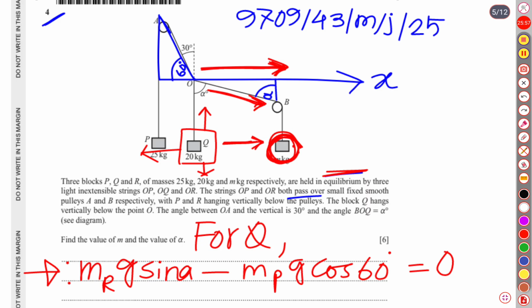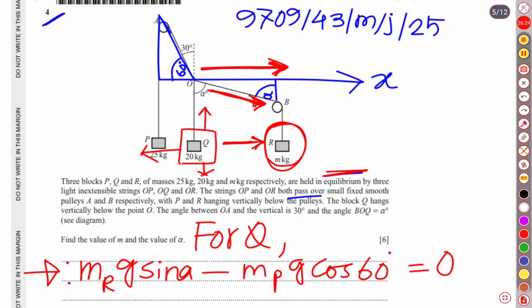How much is the tension? The tension is actually nothing but the weight. So the driving force is actually the tension along this string, the tension force in this string, and this is actually mg, that means the weight of R. The weight of P is mass of particle P times acceleration due to gravity times cos 60 degrees.